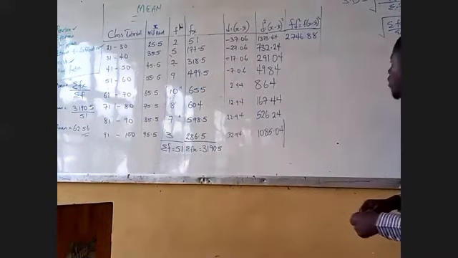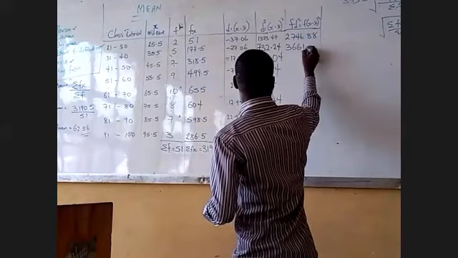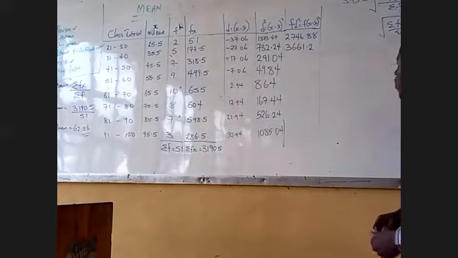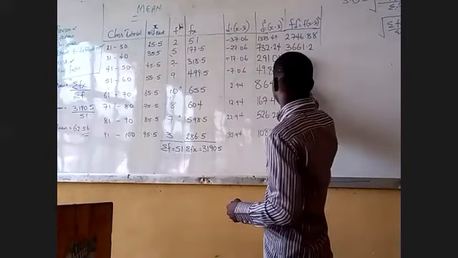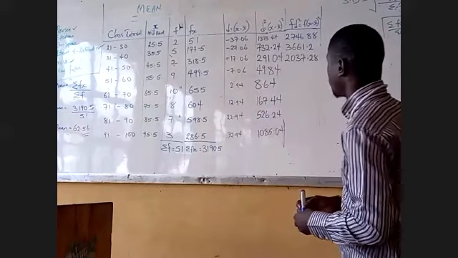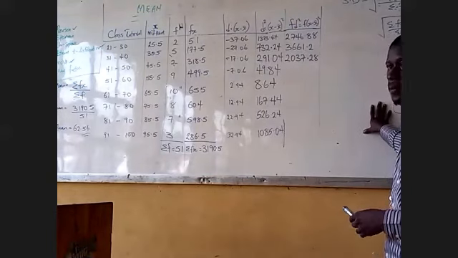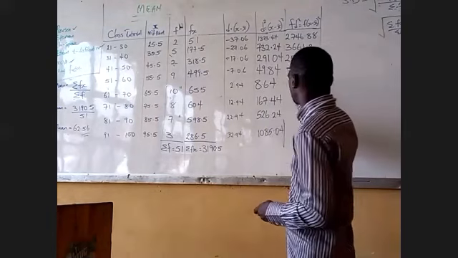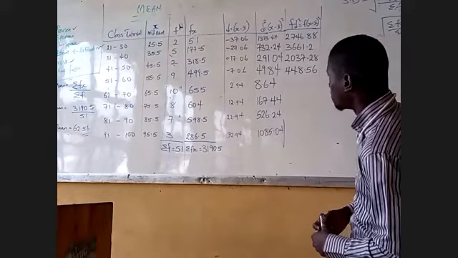Okay, 732.24 multiplied by 5. Okay, 291.04 multiplied by 7. 20.28. Okay, 49.84 multiplied by 9. 8.64 multiplied by 10.